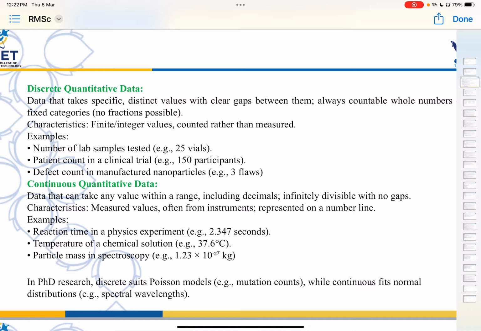You say it is 25 lab samples tested. We cannot say 25.5 lab samples tested. Like patient count in a clinical trial, or defect count in manufacturing of some nanoparticles. These are all whole numbers, and this kind of data is known as discrete quantitative data.